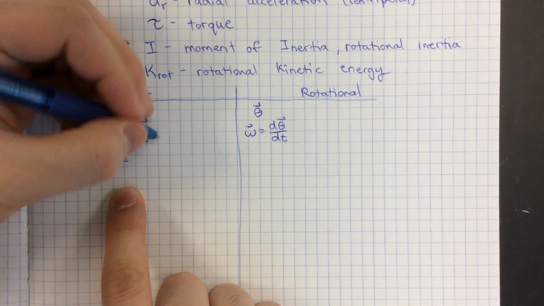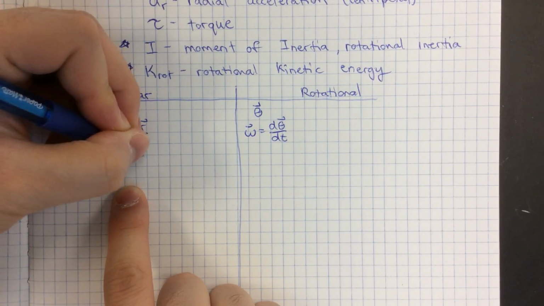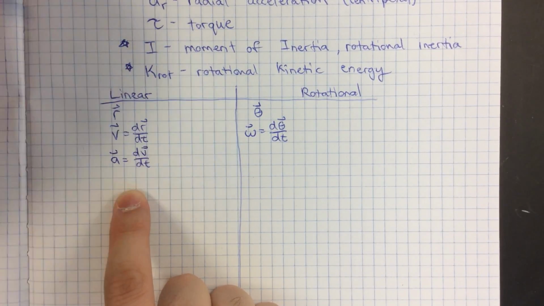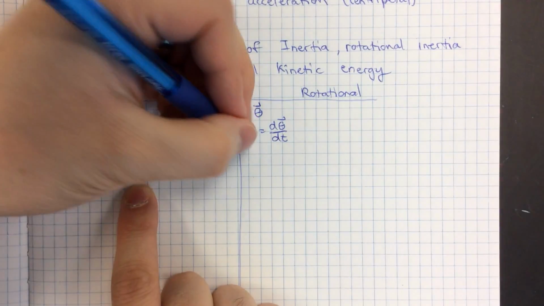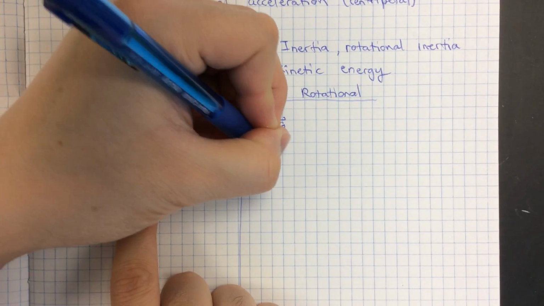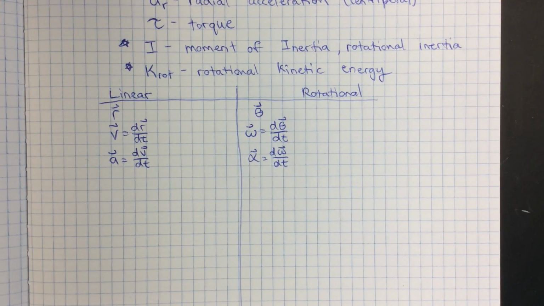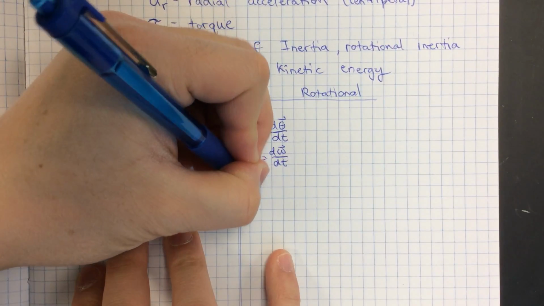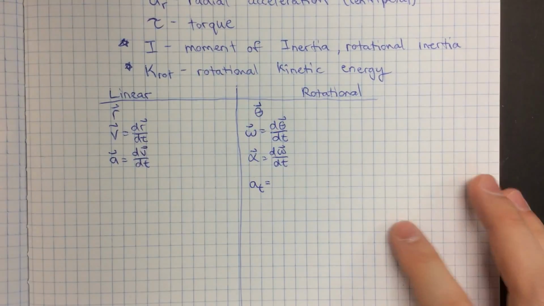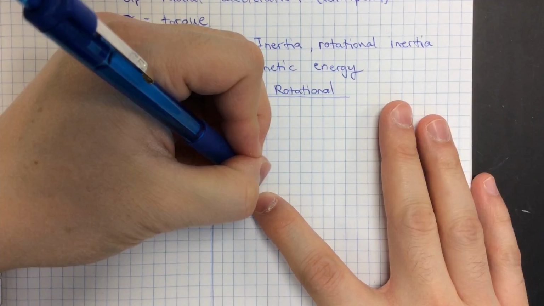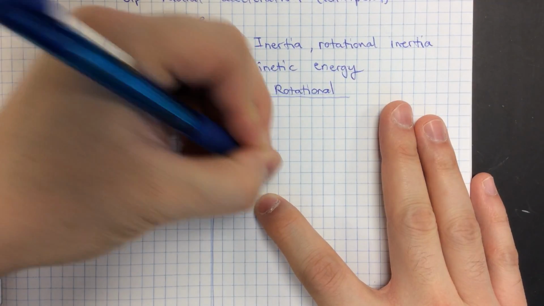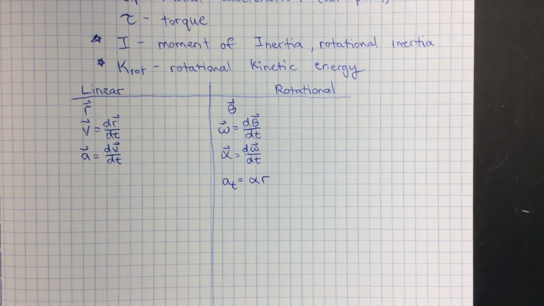A is the change in velocity over time. So alpha is the change in omega over time. Your tangential acceleration is related to your angular acceleration by that.